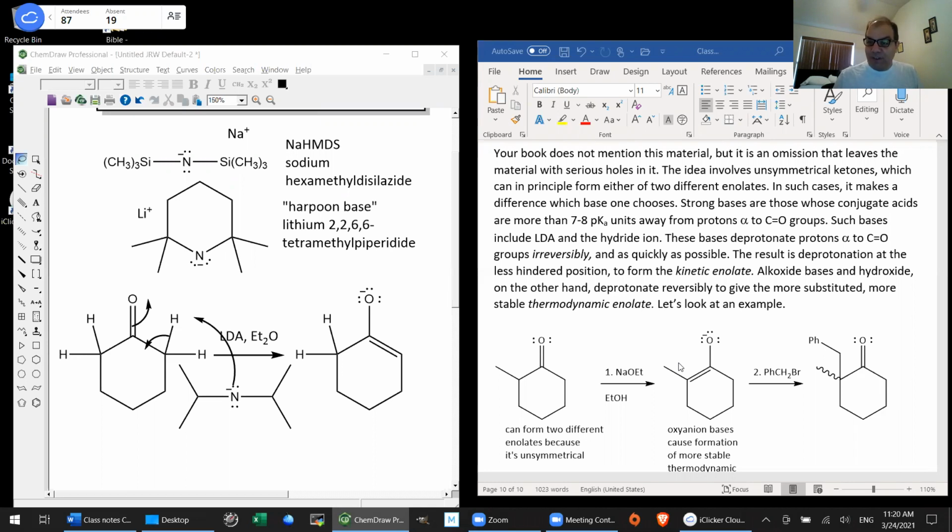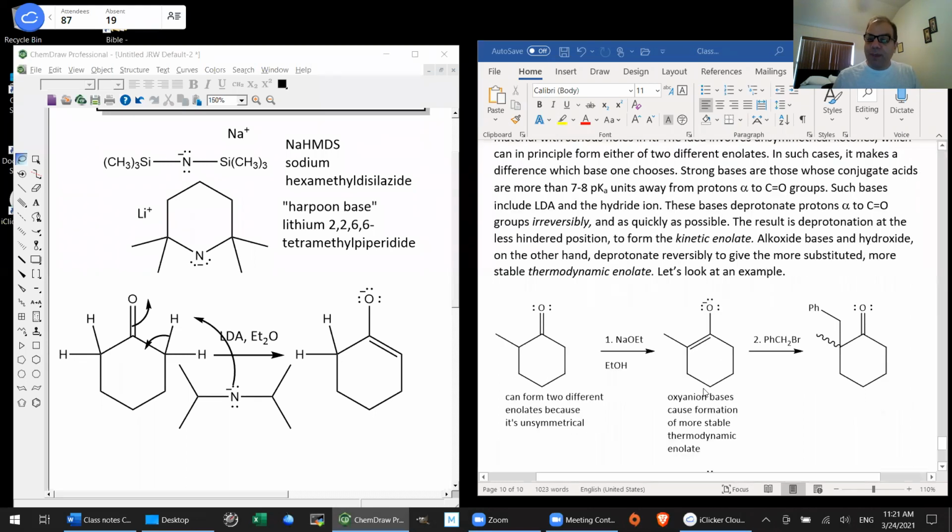We're under conditions where everything is reversible. We can revert back to starting material and have another shot at getting over the higher energy barrier, but forming the more stable species. And that's exactly what happens. Eventually, little by little, you will build up a concentration of the thermodynamic enolate, the one that's more stable because the double bond is more substituted.